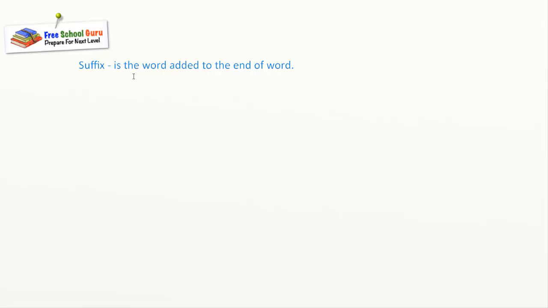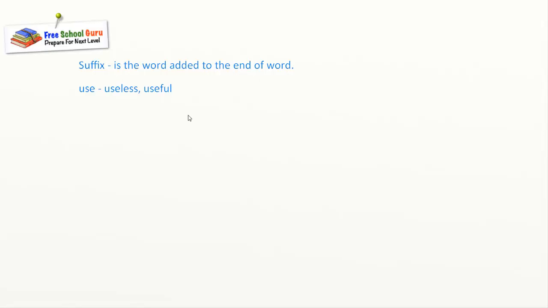Now let's look at an example. If I say use, and I add a suffix to this word, I can say useless, or useful. Now notice the difference here. Both these words, less and full, are called suffixes.